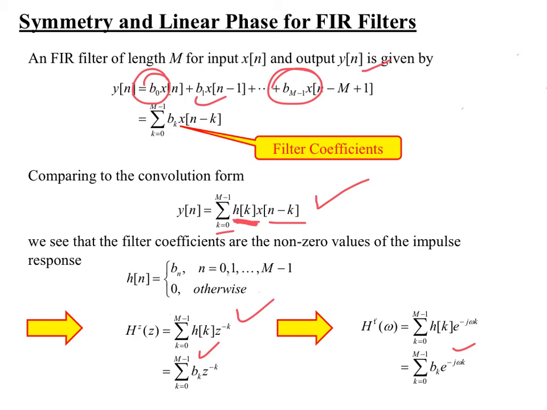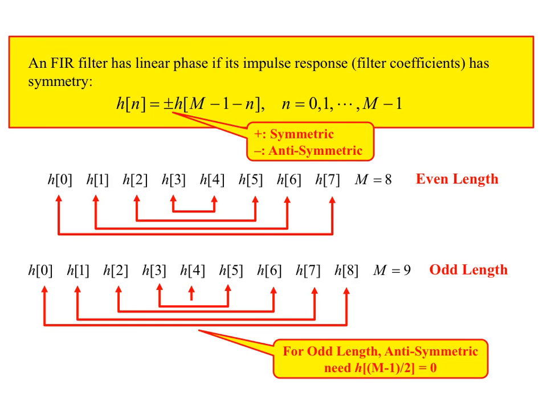So just reiterating some of our structures specifically for the FIR filter. So the claim is that an FIR filter has linear phase as we've defined it if its impulse response, which we now know really means just the filter coefficients, has symmetry about its center.